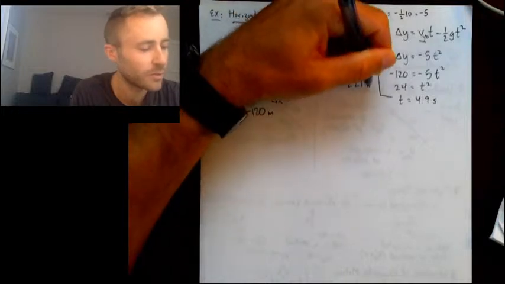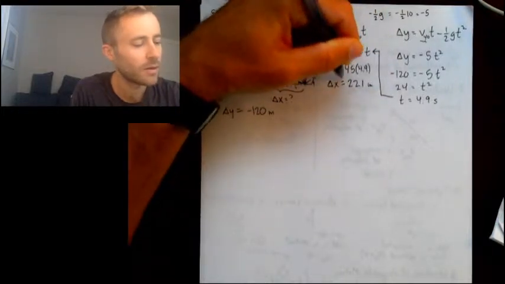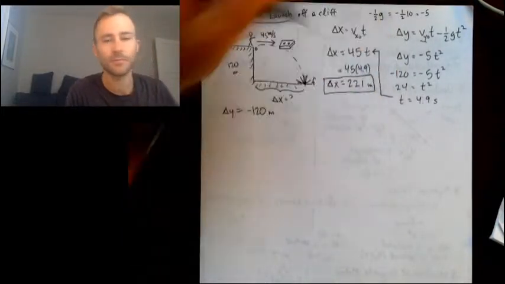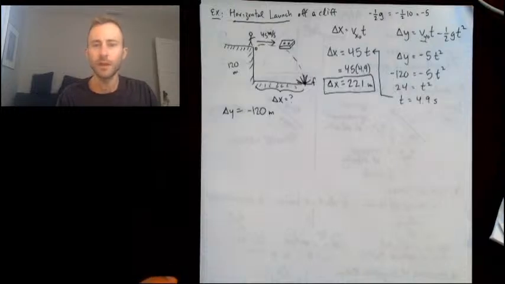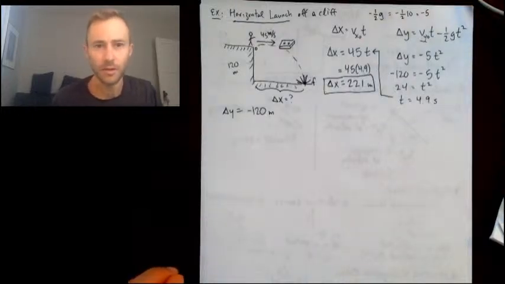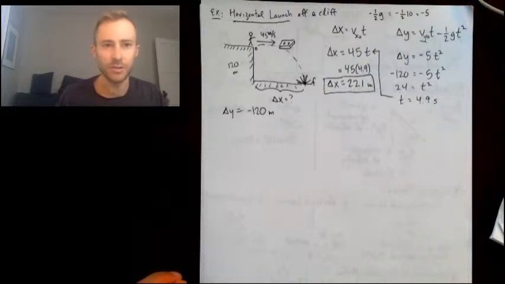Not meters per second, meters. All right. So that's how far horizontally the mixtape goes before hitting the ground and fragmenting into a bajillion pieces, and it's very satisfying for you. Okay?